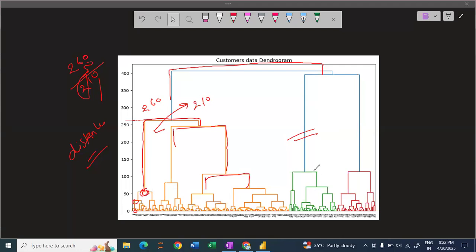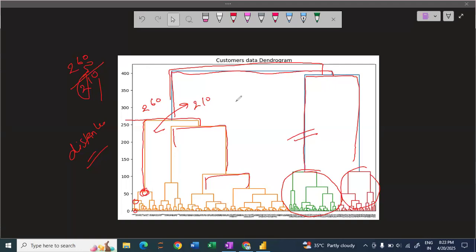Similarly, the green color is a different cluster, and the red one is also a different cluster, and it is connected by the blue line, blue cluster. And the whole one is connected with all of the child clusters.